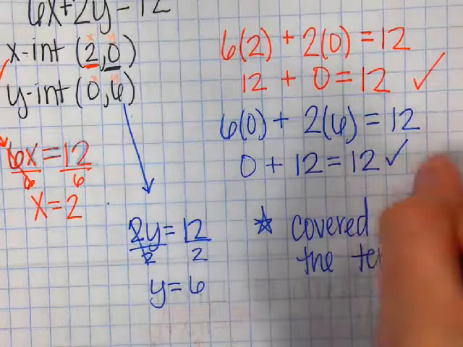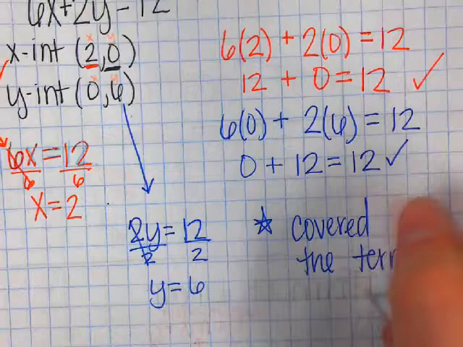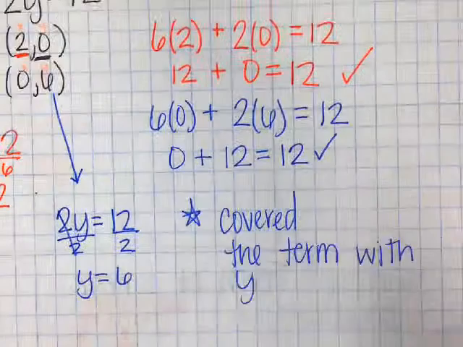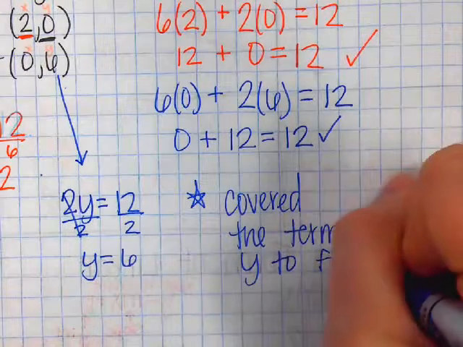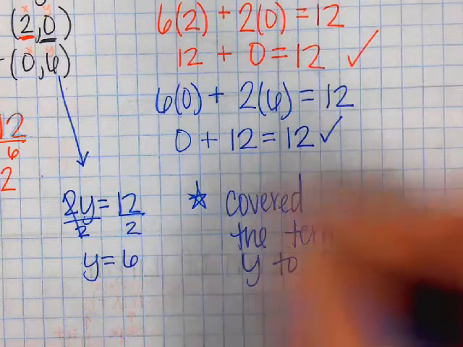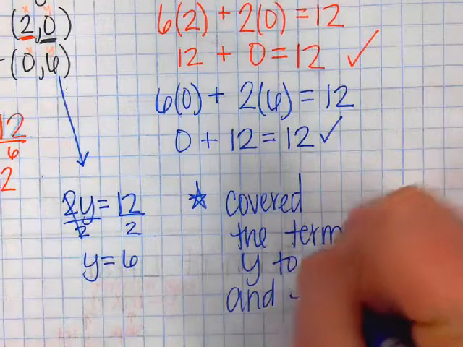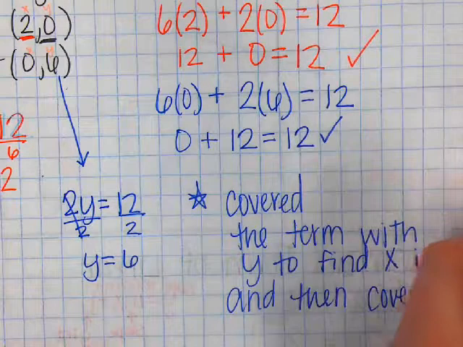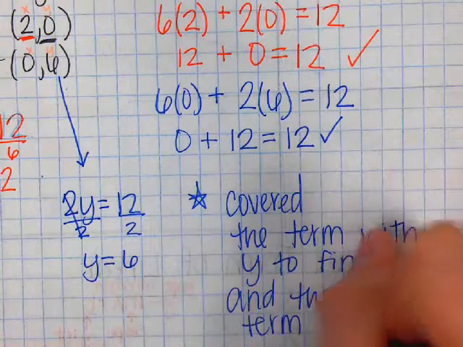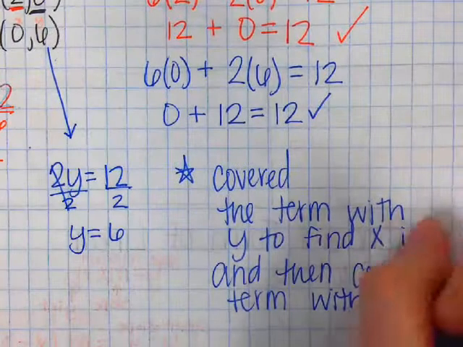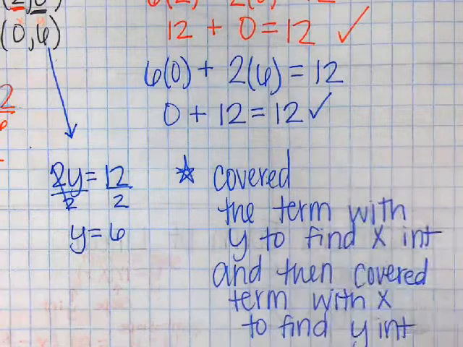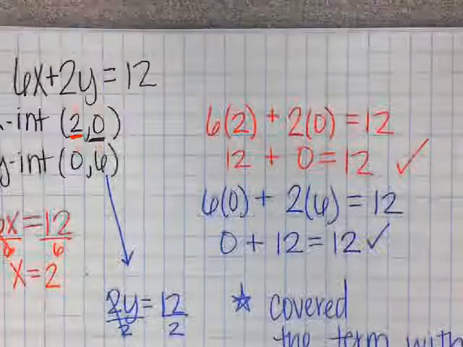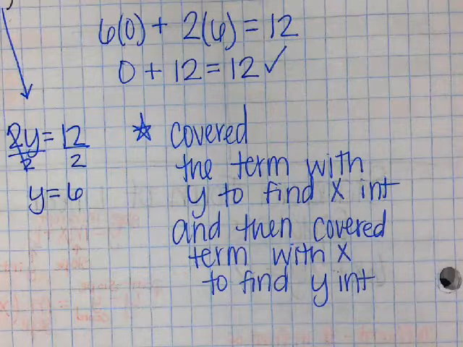What I just did is I covered the term with y to find the x-intercept, and then covered the term with x to find the y-intercept. Now it sounds like that would be backwards, but it works.